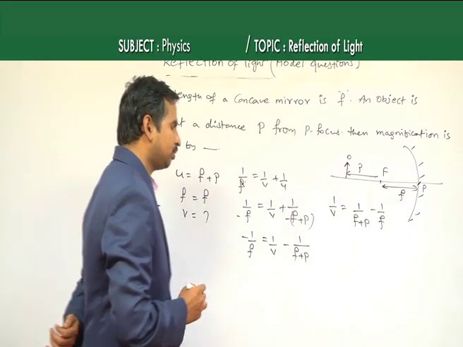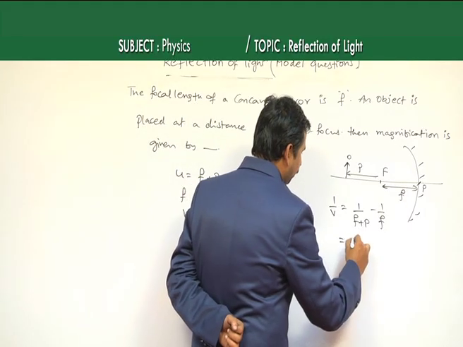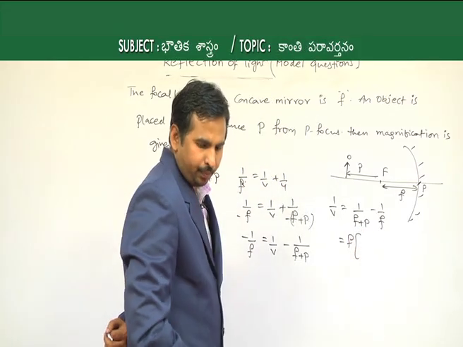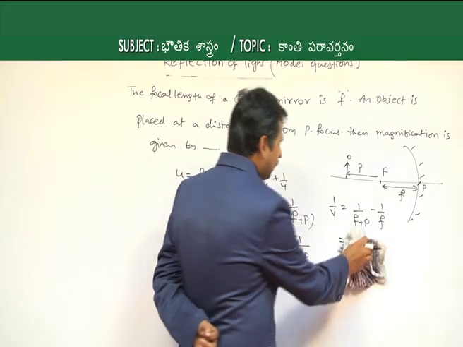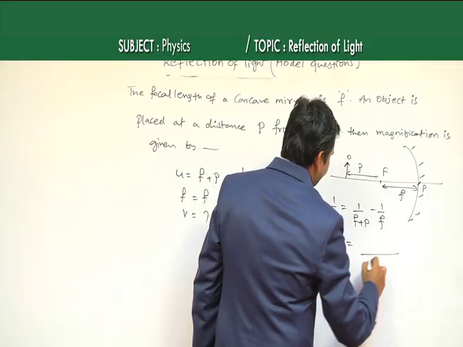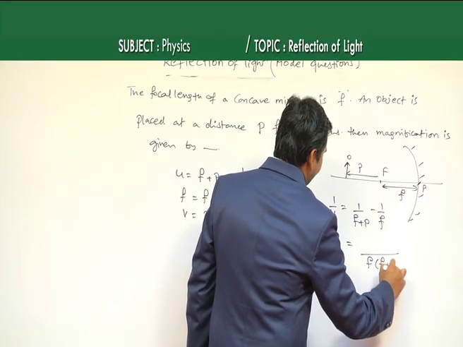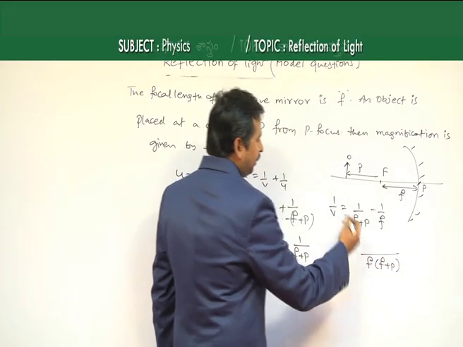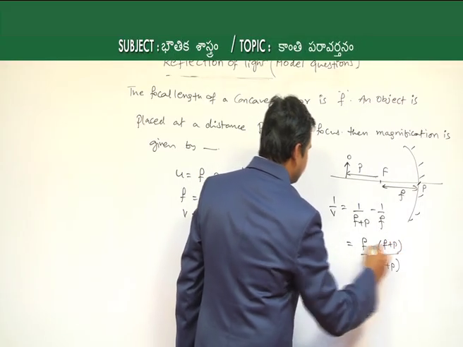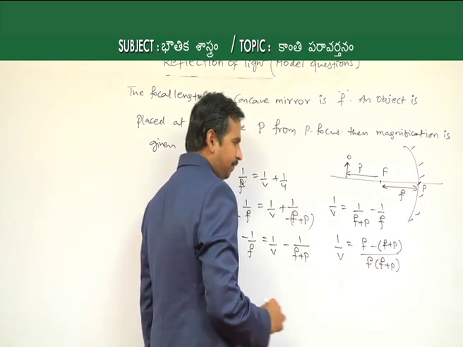Then if you take the LCM there, you will get f(f + p), and the numerator is f - (f + p).